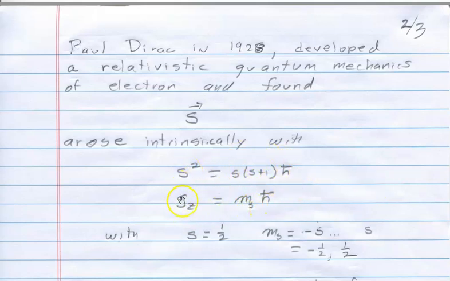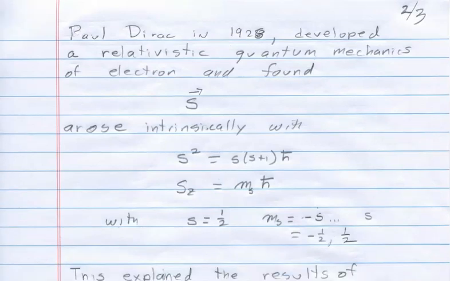They apply really to any kind of angular momentum from the quantum mechanical formalism. And then what Dirac also found was that S was 1/2. And if S is 1/2, well, m sub s goes from minus S up to S in integer steps.